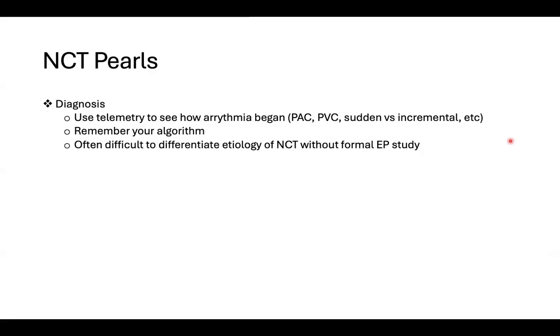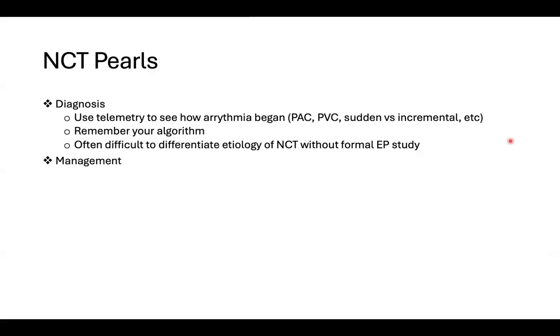But simultaneously keep in the back of your mind that it can be really hard, especially depending on how fast the rates are, to differentiate the underlying etiology, and that you may need to end up sending the patient for a formal EP study as well.